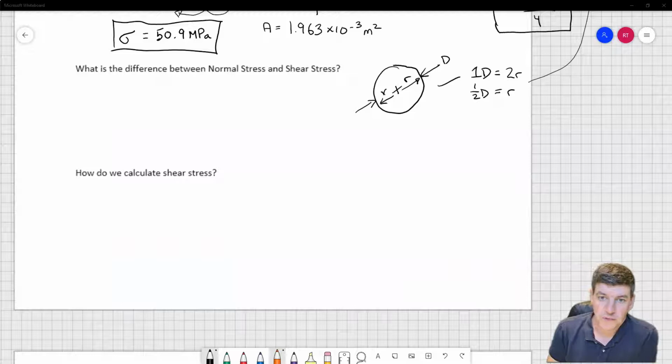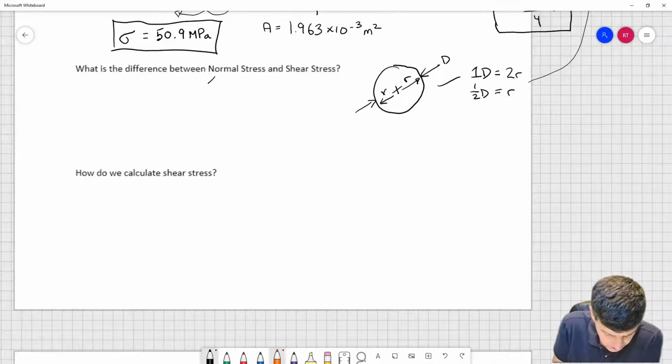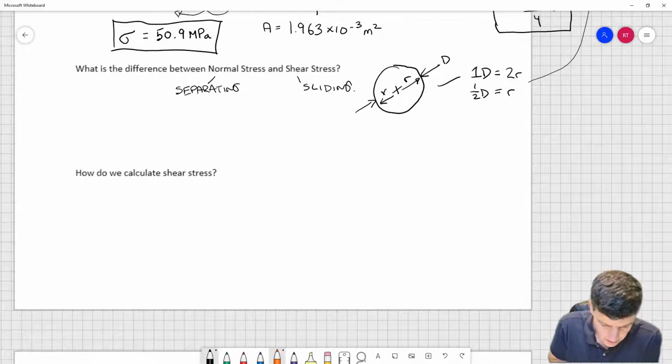Okay, so what is the difference between normal stress and shear stress? Let's remember that a normal stress condition would create a separating failure, and a shear stress would create a sliding failure. The other thing that's different about them is how the area is oriented to the applied force.